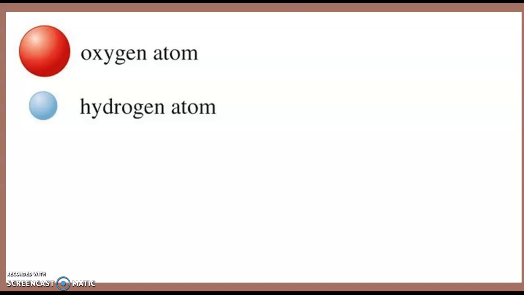With that periodic table of elements, you know that each element is shown by a symbol, and that symbol is usually either the first letter or the first two letters of that particular element.